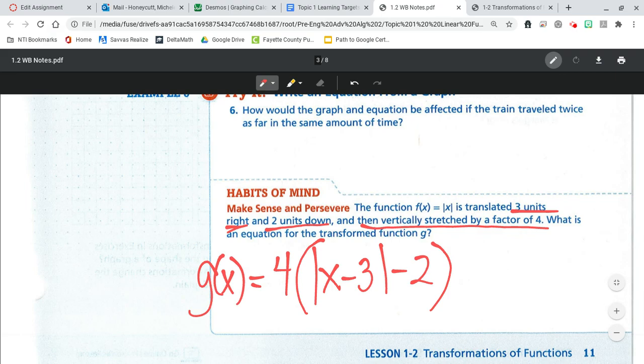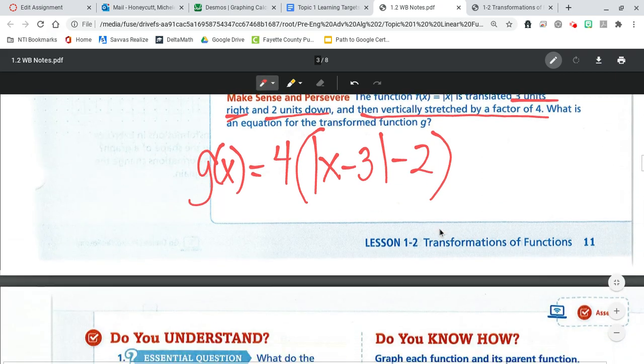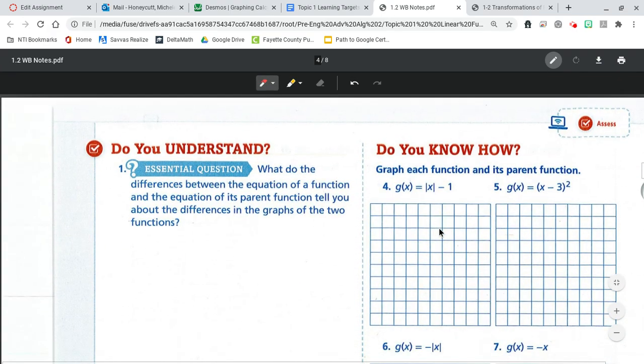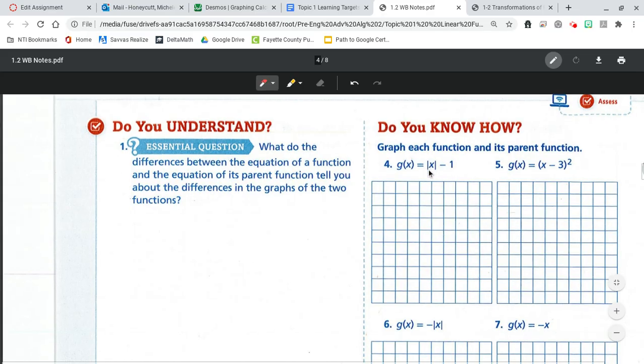So you'll have several problems on your homework where you're asked to identify the transformations. Here's an example, example 4, absolute value of x minus 4. Since I'm subtracting 1 outside of the absolute value bars, that would be a shift down 1. I know these say the graph, but I want you to also be able to identify the transformations.